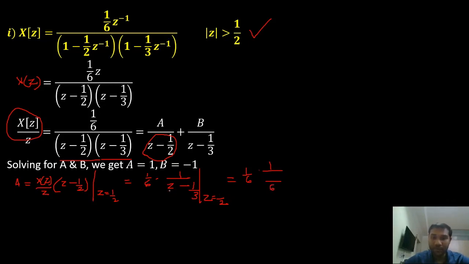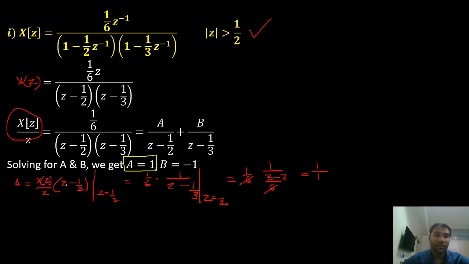So I'll get 3 minus 2, over 6. So this 6 and the 6 will get cancelled. I have 1 by 1. So my a value is going to be 1. That is how I'll arrive at the a value. A is 1.